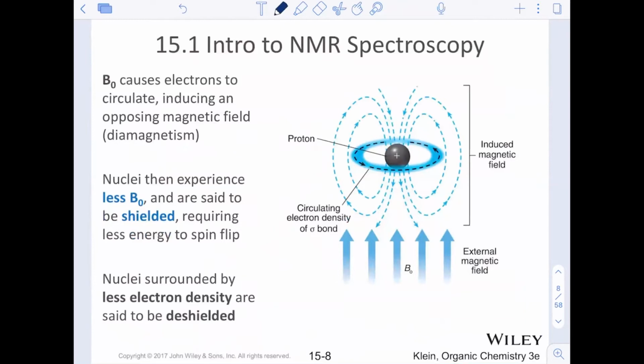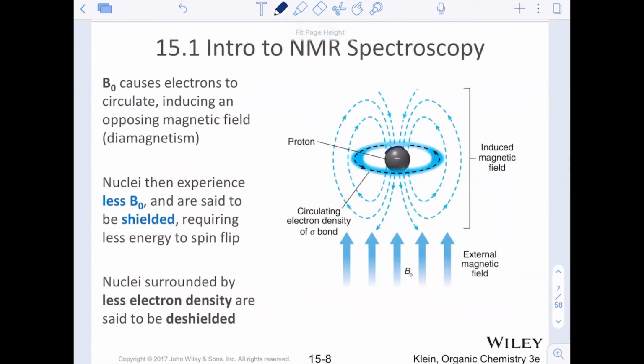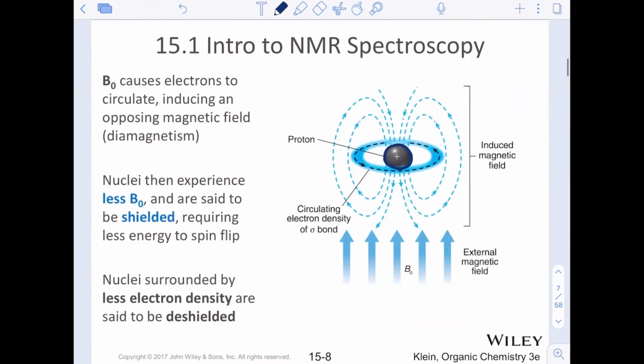Now, the applied magnetic field causes the electrons to circulate, inducing an opposing magnetic field, which is called diamagnetism. The nuclei are experiencing less of the external magnetic field with these opposing electron magnetic fields, right? So depending on the environment, the difference between the alpha and the beta spin states could be different based off of what the nuclei, the proton here in question, we're just doing proton NMR first, what the hydrogen nuclei is experiencing based off of what's around it, right?